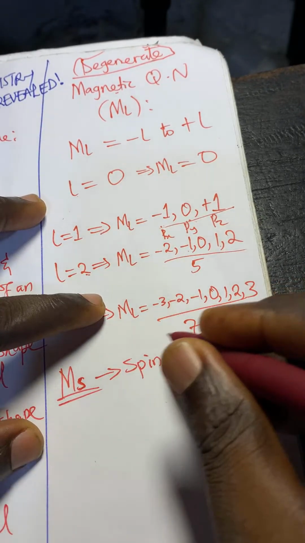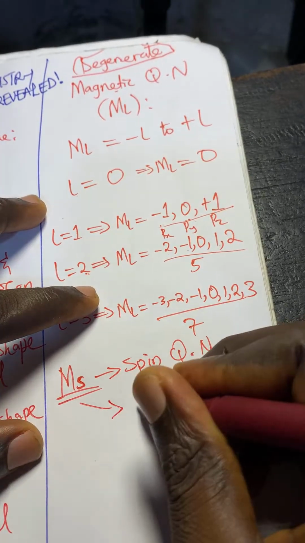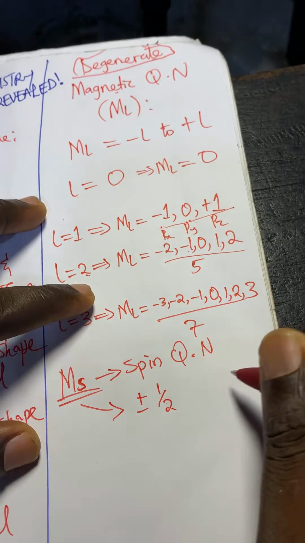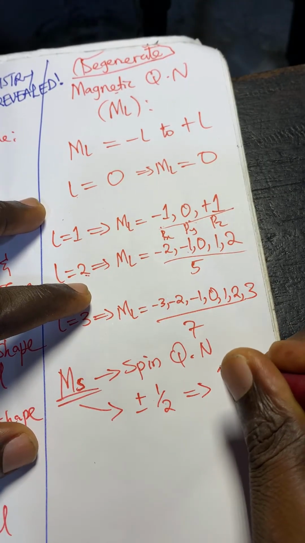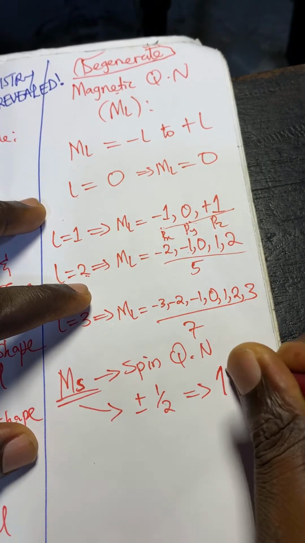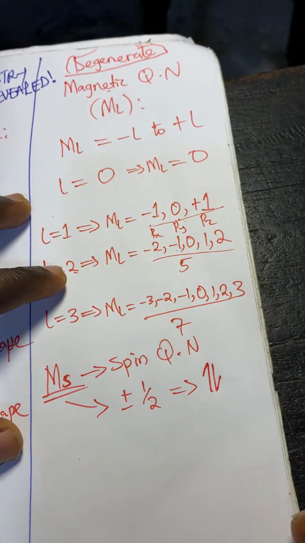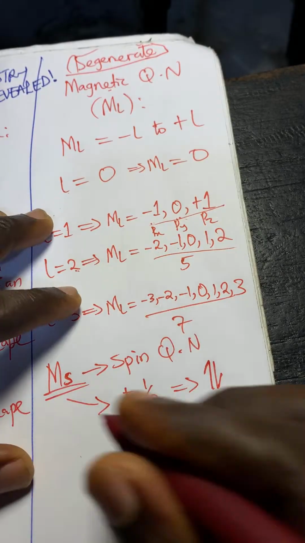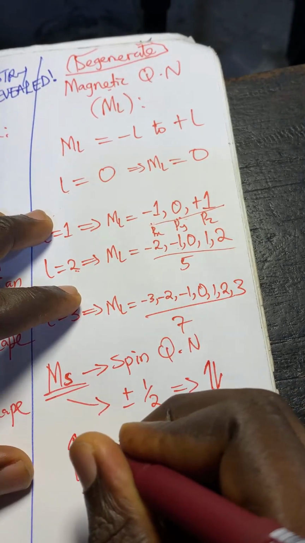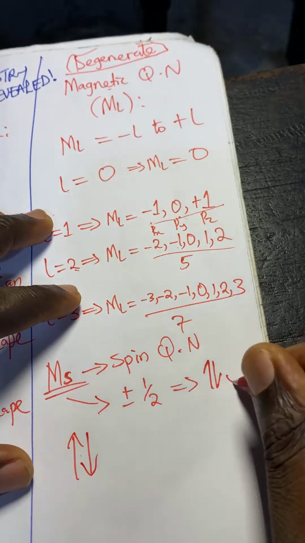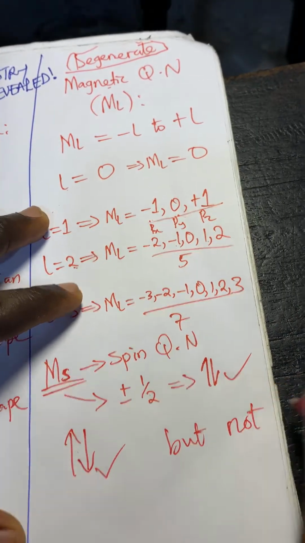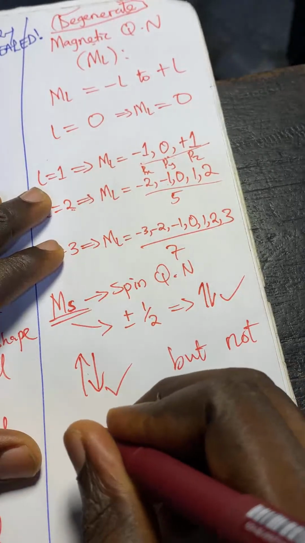I want you to know that the 2 possible values of spin are plus or minus 1/2. It simply shows that if one electron is facing up, the other one should be facing down, in order to avoid steric repulsion. You can have this, either this or this, but not this way. You cannot spin this way.